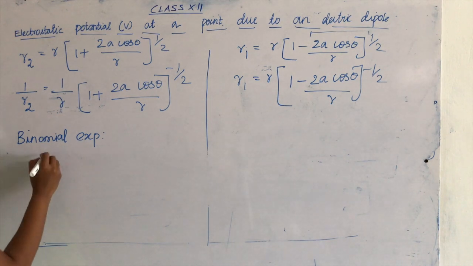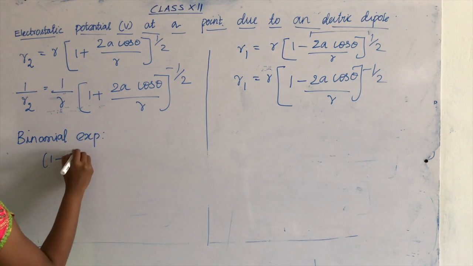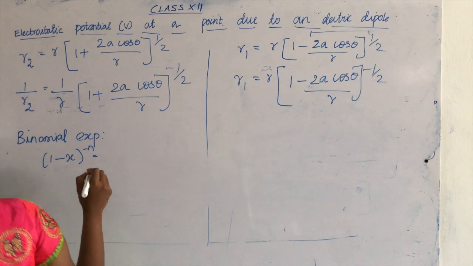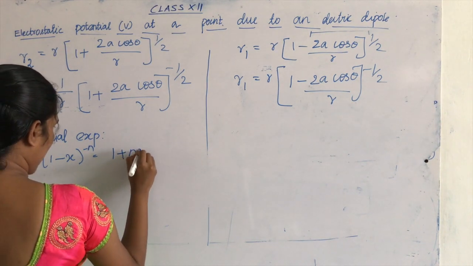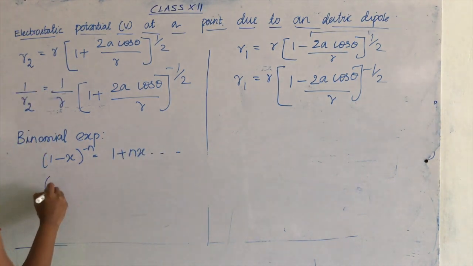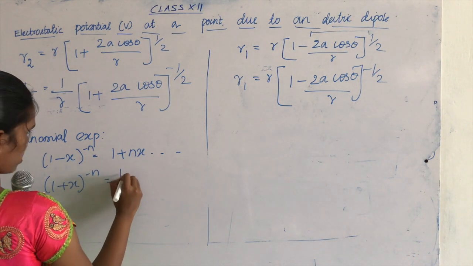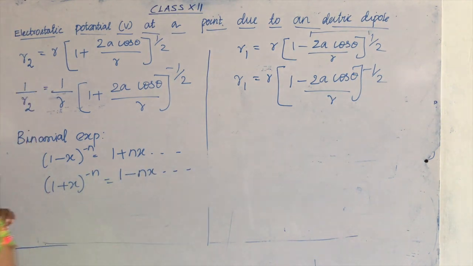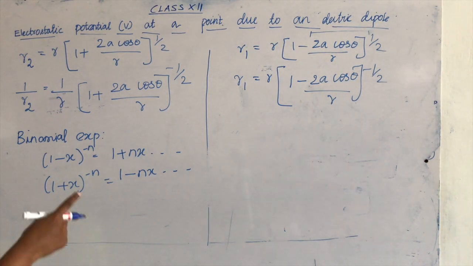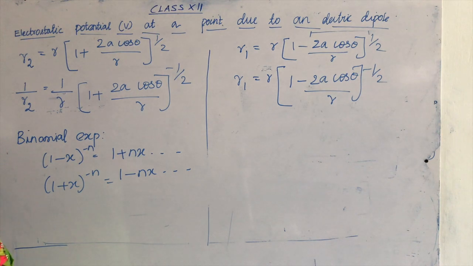Do you know the formula? 1 minus x power minus n equal to 1 plus nx, and 1 plus x power minus n equal to 1 minus nx, and so on. This is the binomial expression. Note it down, children.